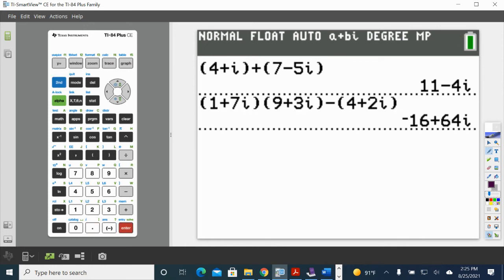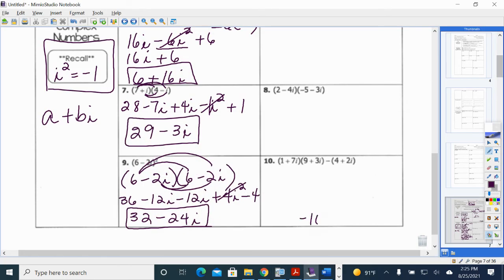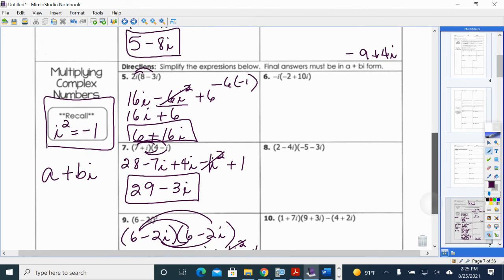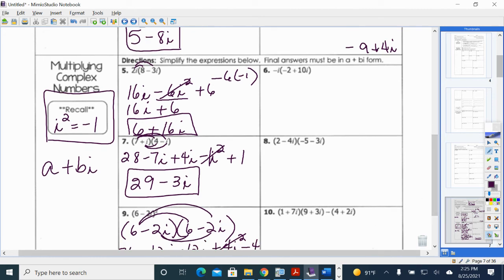And the answer here is negative 16 plus 64i. Now, I realize that it's very tempting to only use the calculator, but on the simple ones, like especially numbers 5 and 7, I would like for you to do those out by hand.